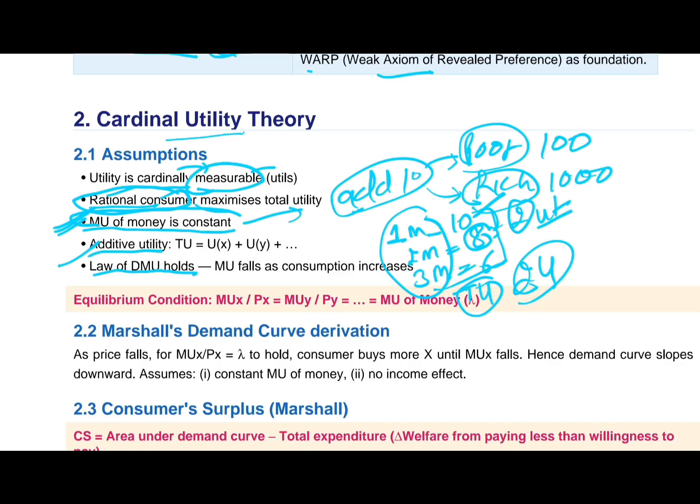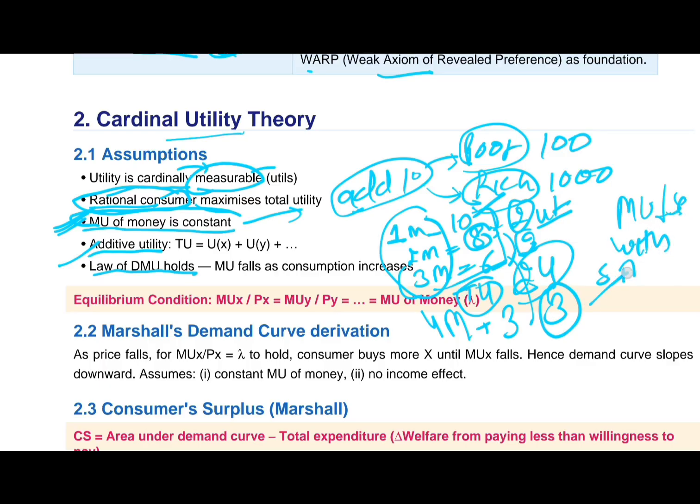If we consume the third mango, that is the third unit, we get 6 utility. Basically, it is decreasing. If we consume the fourth mango, we get 3 utility. It means it is reducing. Basically, marginal utility is decreasing with the successive consumption of additional units. So this also holds true. Let me clear this and we will start with the further.